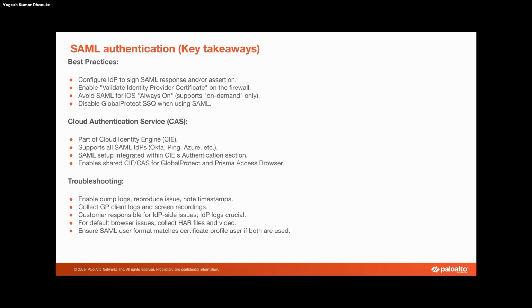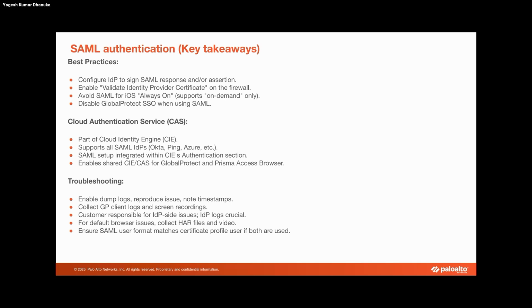If we are using SAML and certificate authentication along with it, it's always good to make sure that the username configuration is checked once. If the certificate profile has a username configuration where you're trying to retrieve the username from the certificate profile, that might conflict with what you are getting back from the SAML.